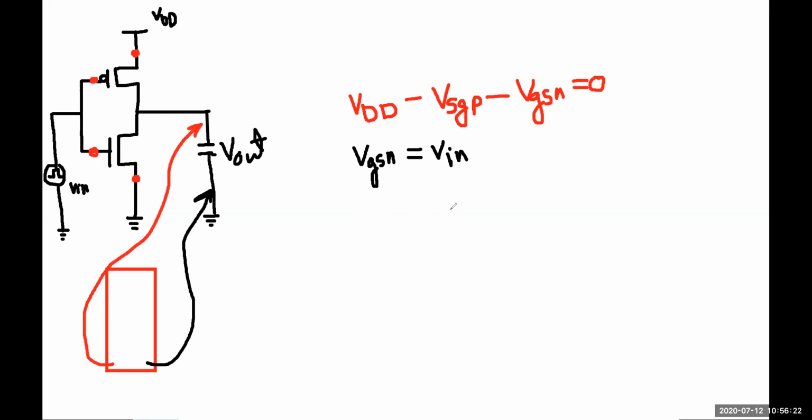Let's write it here. Now what are we measuring here? Putting the red pin here or here is the same thing, right? Putting the black pin in the ground or at this point is the same, right? So what we are measuring is actually the drain to source voltage, VDSN, right?